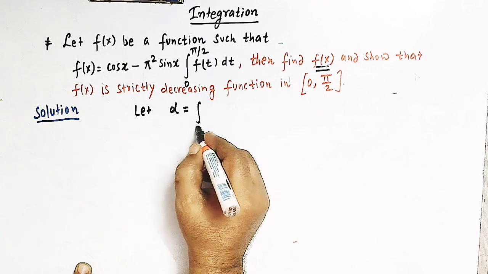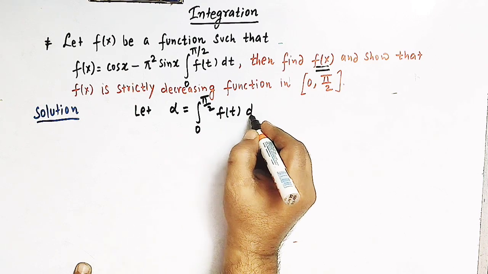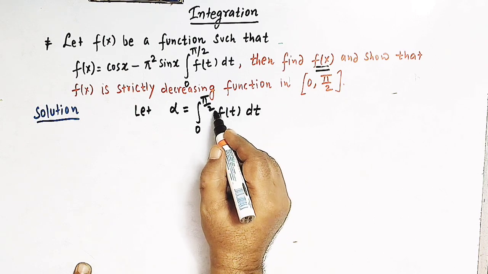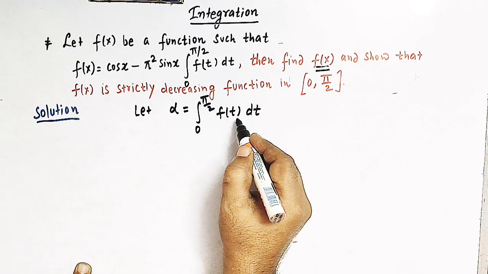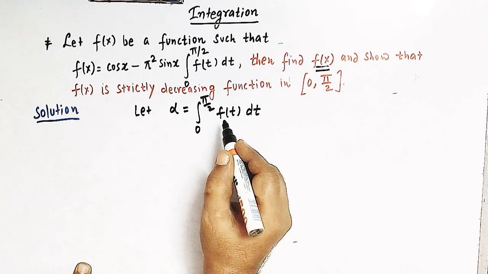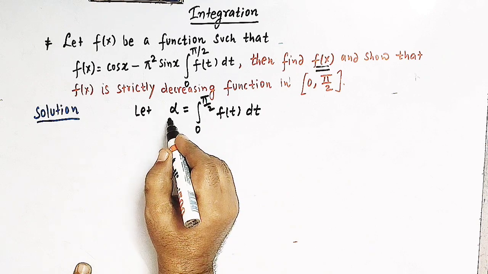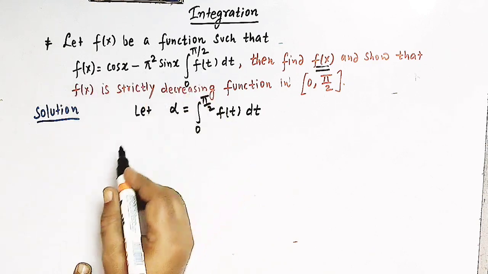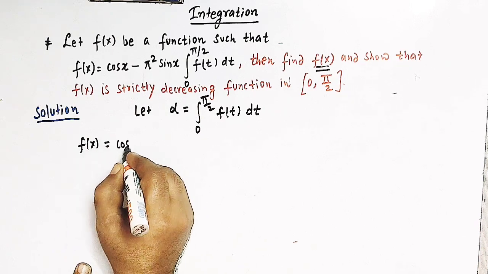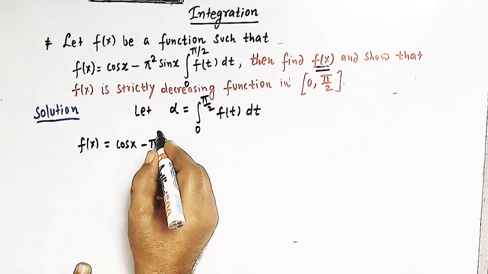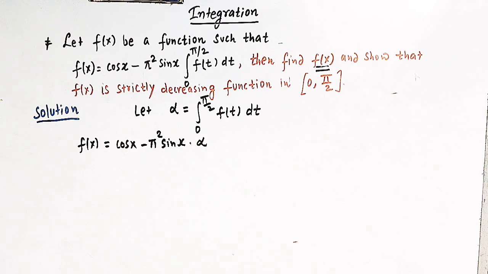So we can take alpha is equal to the integral from 0 to pi by 2 of f of t dt, because whatever be the function f of t, when we calculate this integral it is going to give us some number, say alpha, right? So taking this integral as alpha, we can now write this equation in terms of alpha as f of x is equal to cos x minus pi square sine x alpha, right?